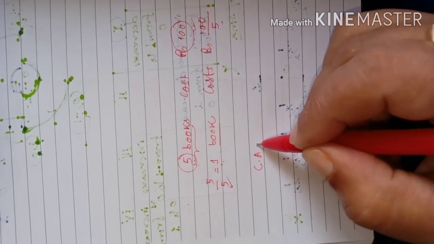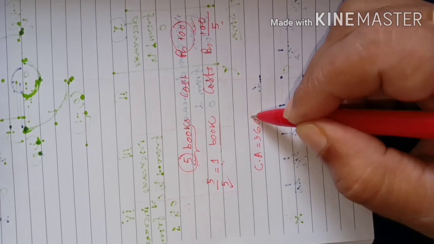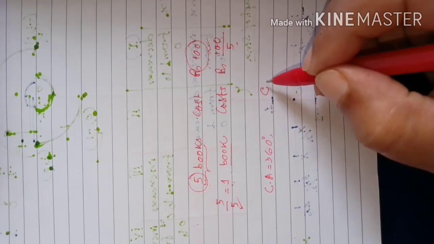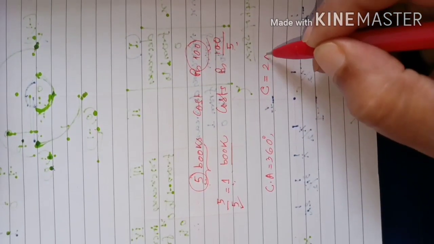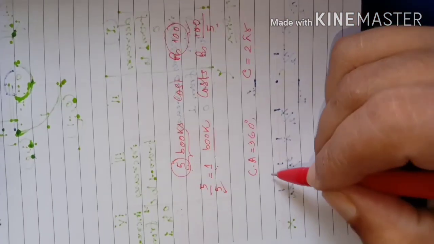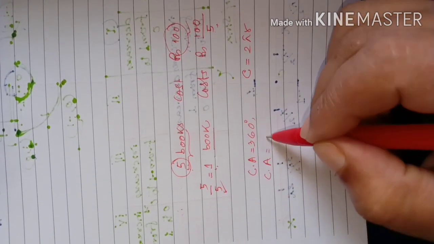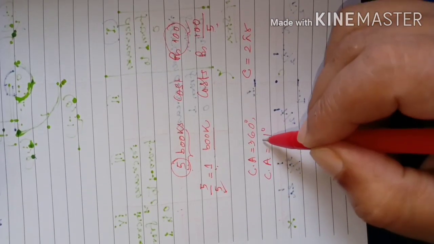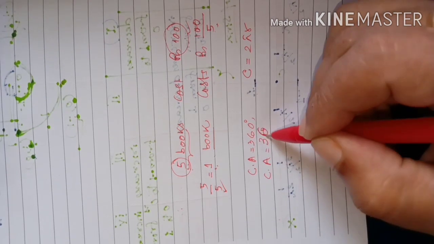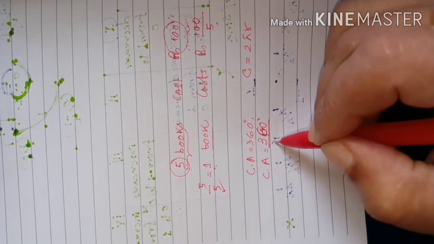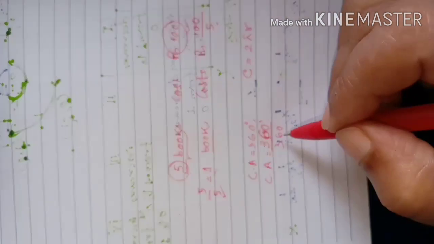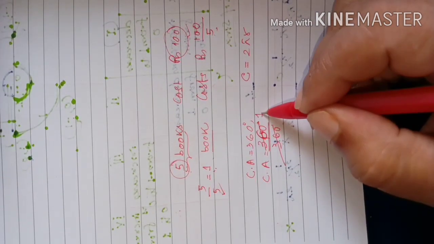Central angle is equal to 360 degree, then the circumference is equal to 2 pi r. When the central angle will be equal to 1 degree, what have we done here? We have divided 360 by 360, because if it is divided by itself, it will become 1.